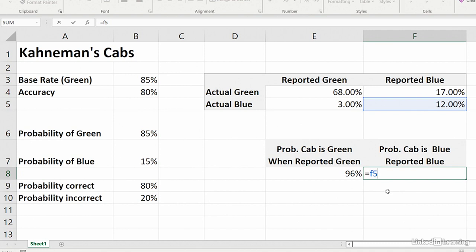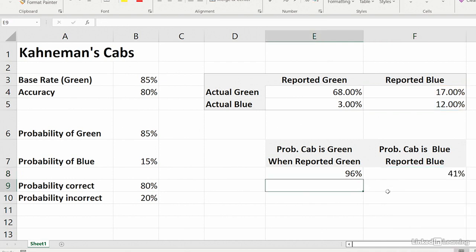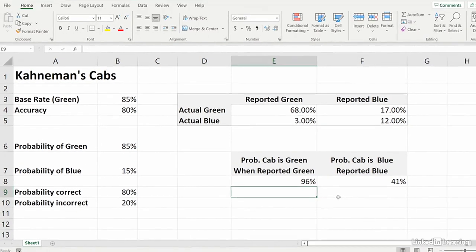So now we have the number of times that the cab is correctly reported as being blue, and we need to divide that by the total number of times it is reported as being blue, both right and wrong. So left parenthesis, F4, plus F5, right parenthesis, and enter, and we get 41%, which is the value that we saw earlier in this chapter.